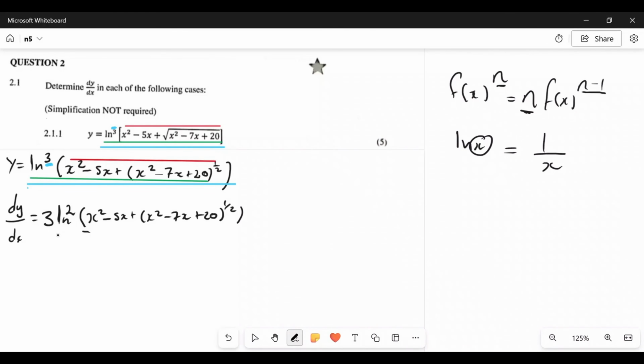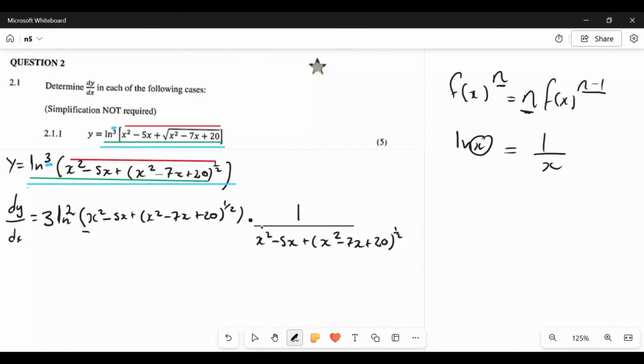But instead of writing 1 over x, remember we have to multiply by it. It's going to be 1, right? Divided by everything that is inside there, which is going to be x squared minus 5x plus, open bracket, x squared minus 7x plus 20 to the power of half. There we go. So this is the one in green there.